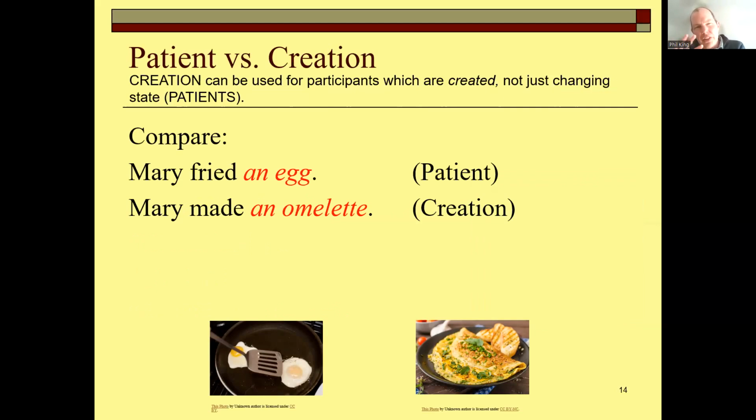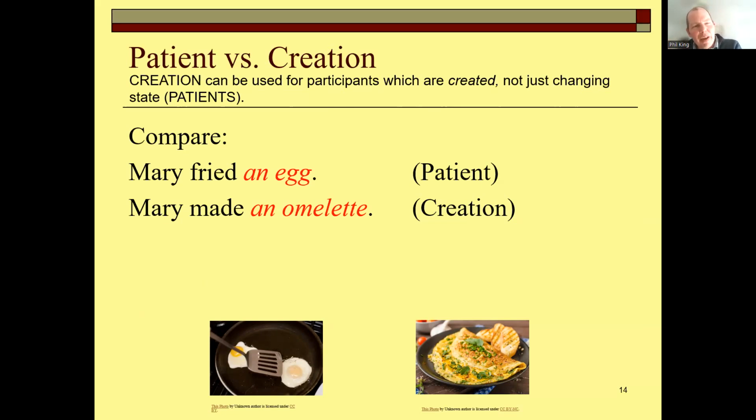Another interesting distinction for patients is the possibility of some patients that you might think of as creations. Creations are participants that are created rather than just changing state. So they don't exist beforehand, and now they come into existence as part of the utterance.